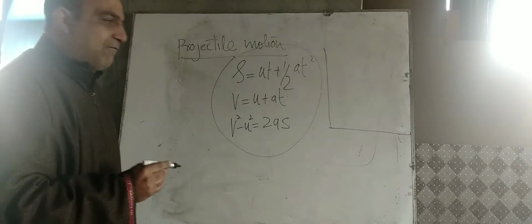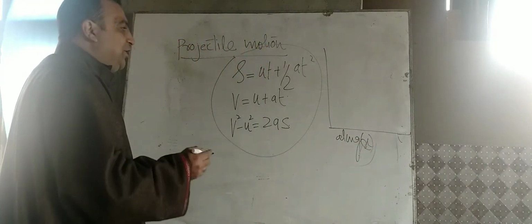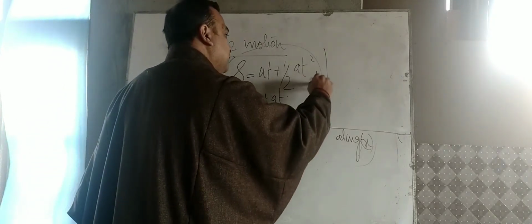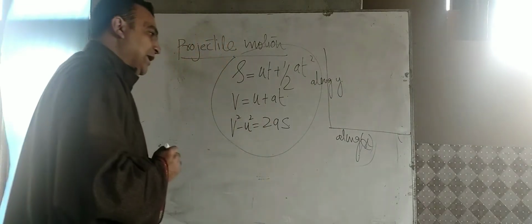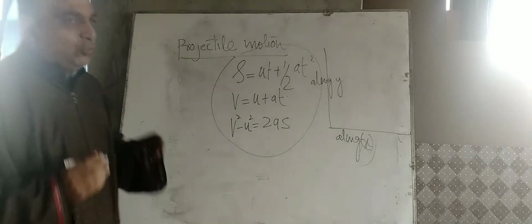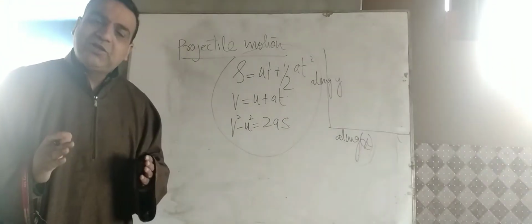These equations are valid along x, and in the same situation, these equations are valid along y. So what we say is that a two-dimensional motion is equivalent to two one-dimensional motions.